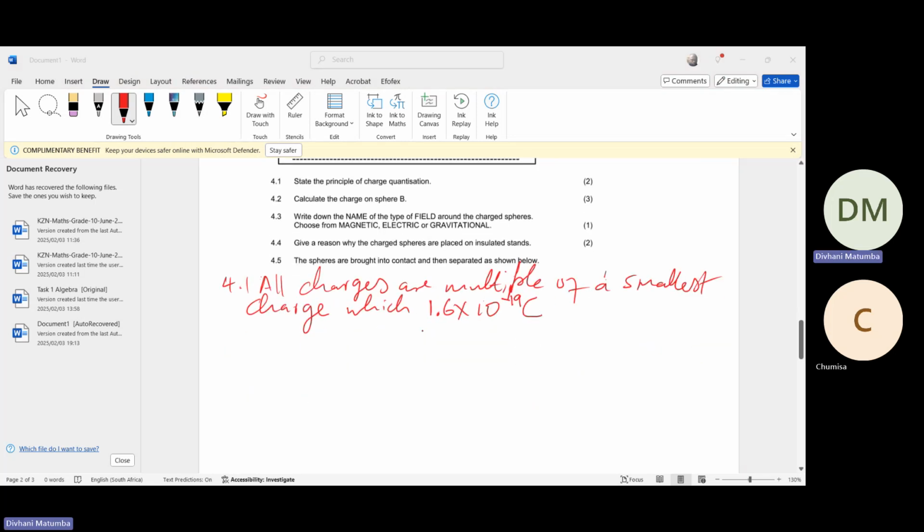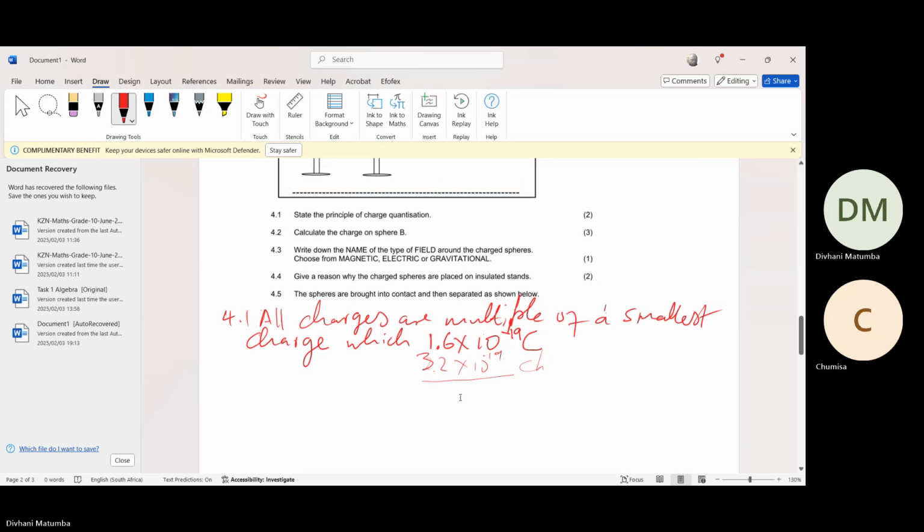So if I have a charged object of 3.2 times 10 to the power of -19, how many charges are there? You agree you have two charges?